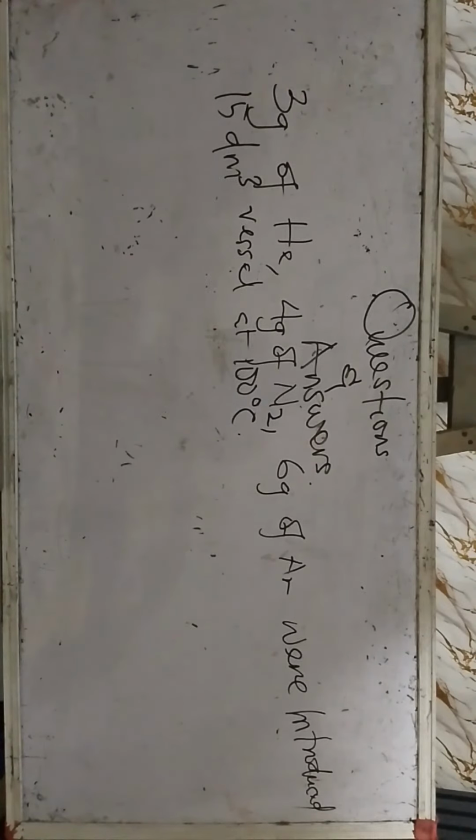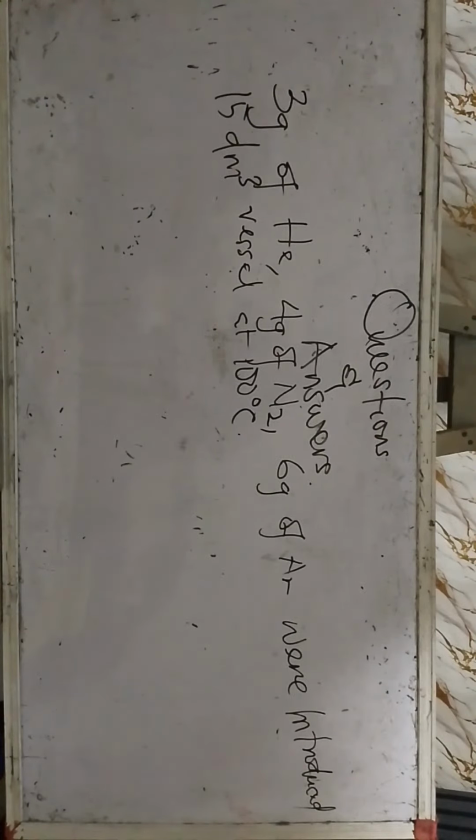It is easy. When we talk about mole fraction, you have to look at all the elements that are present. The first thing to do is to calculate the total moles of all the elements present, that is the total number of moles of helium, nitrogen, and argon, and add them together.